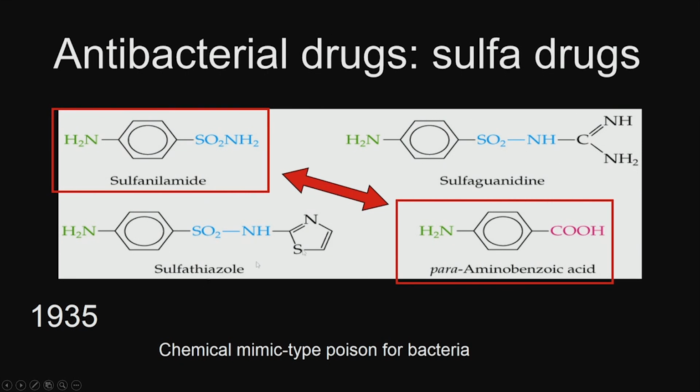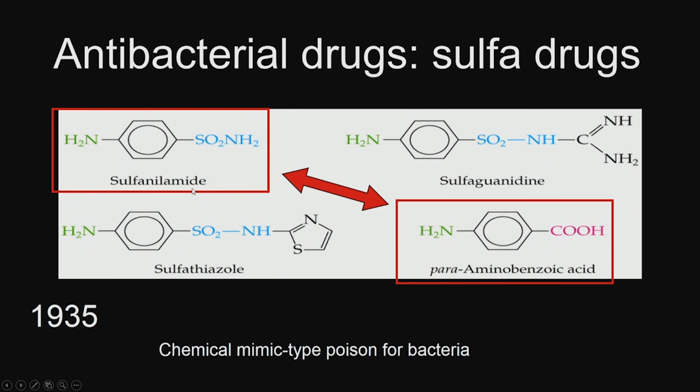sulfaguanidine, sulfathiazole. This is called a thiazole structure. A 5-membered ring with nitrogen and sulfur is called a thiazole structure, because thia means sulfur, azole is nitrogen. When you have thiazole, it means it is a 5-membered ring, nitrogen and sulfur is present. So, you see different types of modifications to sulfa.